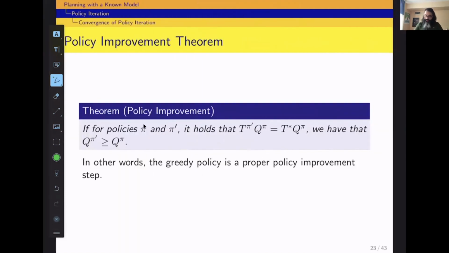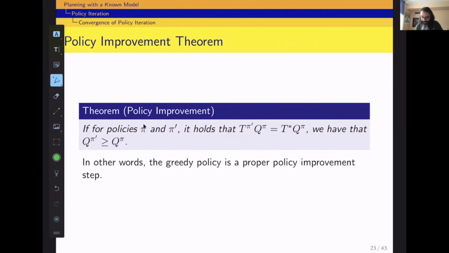To prove it, we have an intermediate result, which is called the policy improvement theorem, which basically says that a greedy policy improves the current policy.